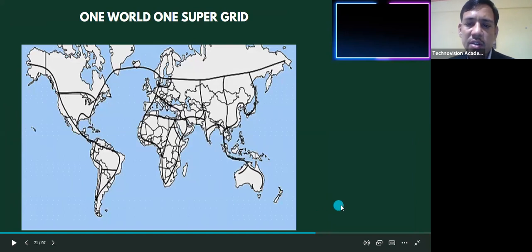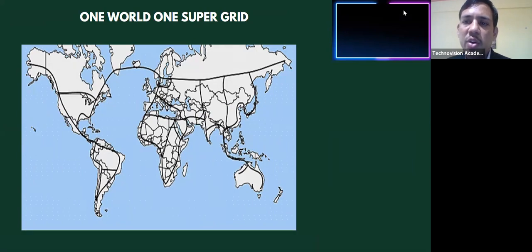And we were thinking of connecting the whole world in one grid, and now it is possible. Every country has its own frequencies and different voltages, but by using VSC HVDC or conventional HVDC, it is now possible to connect the whole world into one super grid.